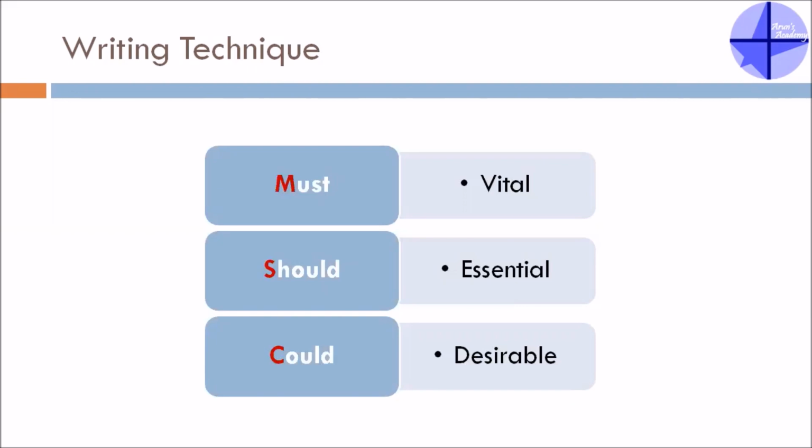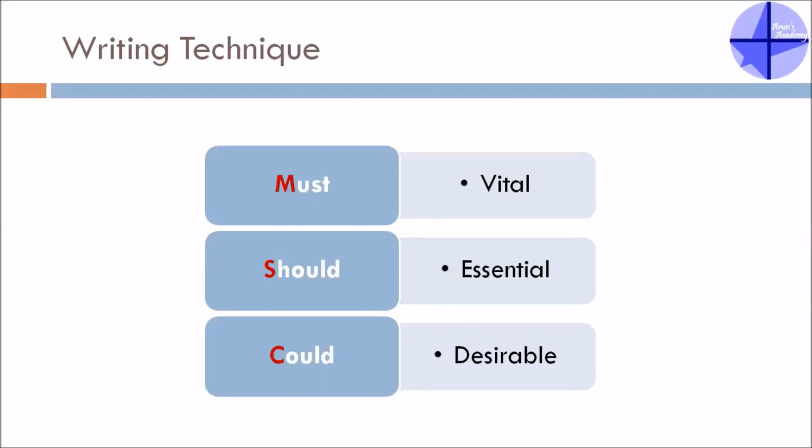This technique is called MSC, or must, should, could. This technique can be used to write any article, story, etc. When you have a lot of information and want to condense the same in few pages or words, this technique is very helpful. Musts are those items which are mandatory or vital to have.